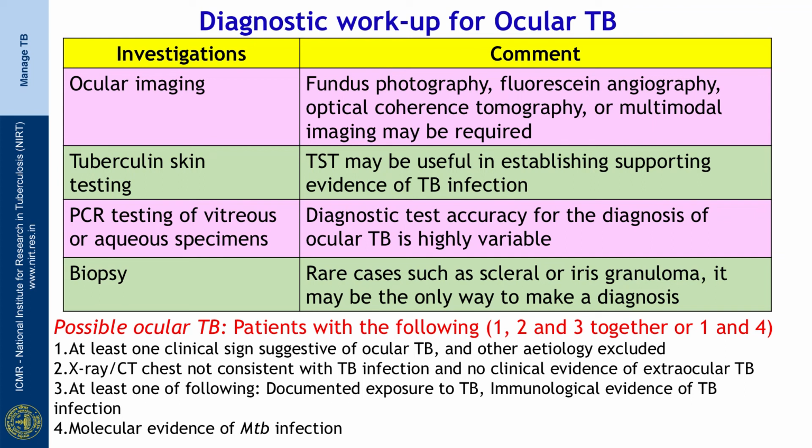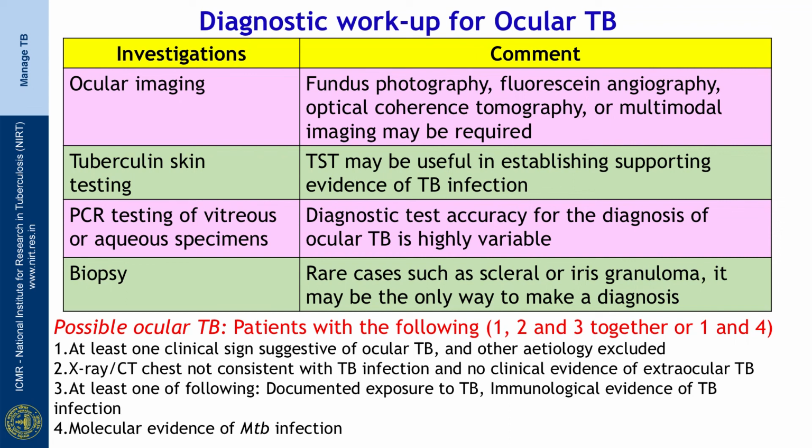And also there is a possibility of labeling the patient as possible ocular tuberculosis. This can be done when we have the following 1 to 3 present. One is at least one clinical sign suggestive of ocular tuberculosis and other etiologies have been excluded. 2 is the X-ray or CT scan not consistent with TB infection and no clinical evidence of extraocular tuberculosis, and 3 is at least one of the following, that is documented exposure to tuberculosis and immunological evidence of TB infection.